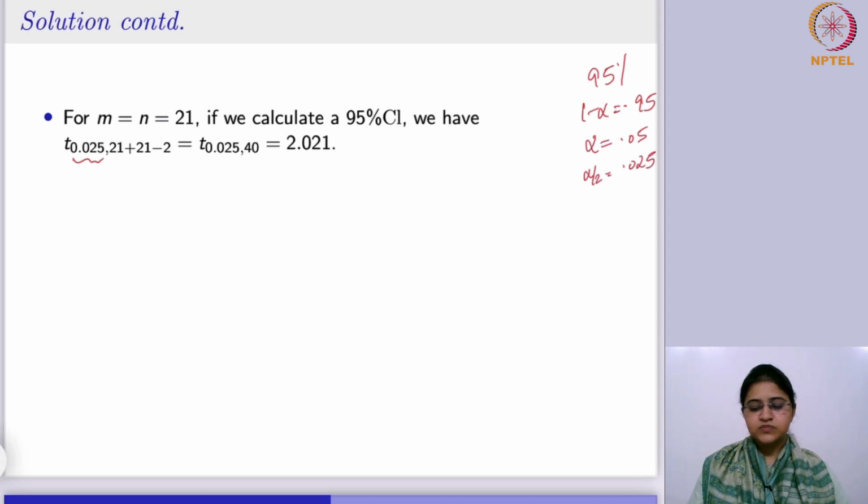If you look at this degree of freedom and alpha value, you would get 2.021. You can easily read these tables, and they are given in any standard textbook. At the end they give certain tables, you can go through them.